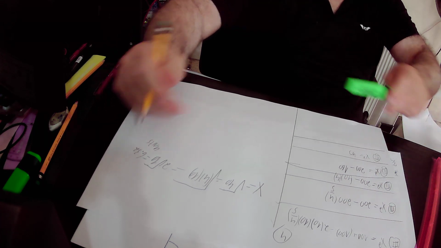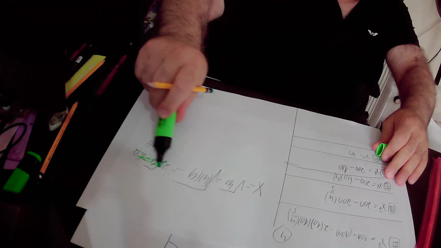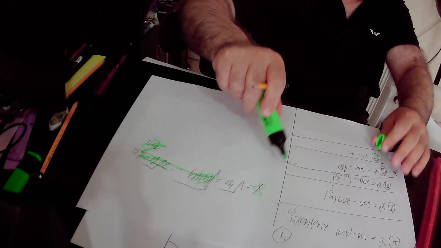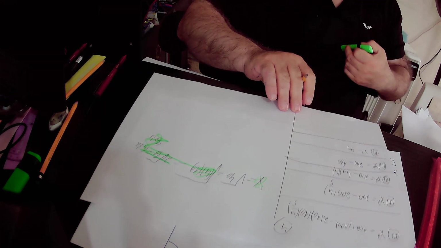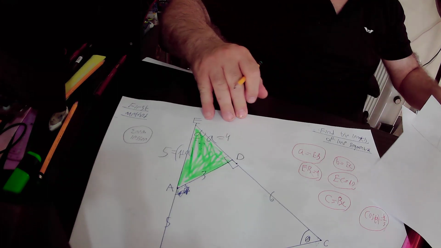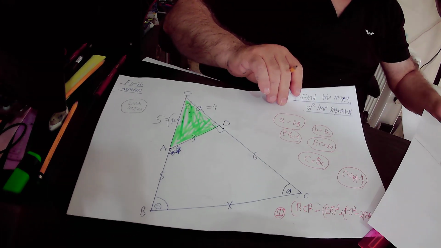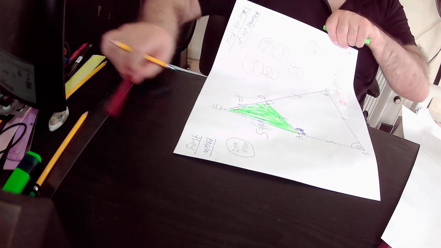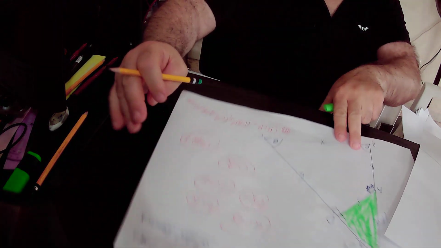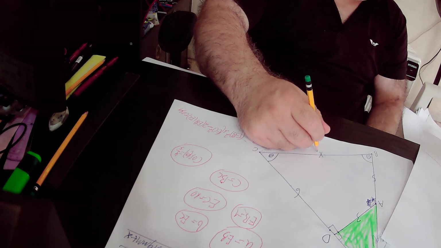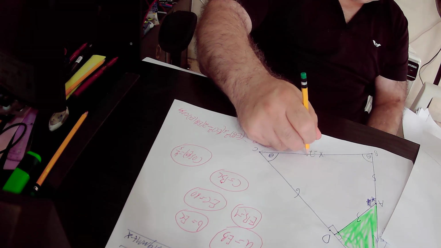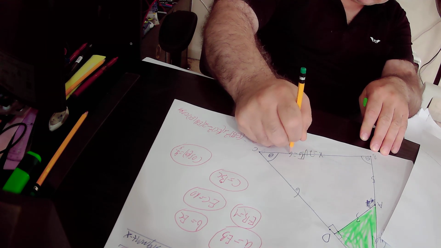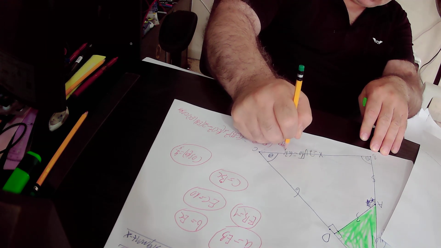Okay. The length of line segment x here is equal either to 2 times square root of 10 units, or in terms of numbers, 6.32 units.